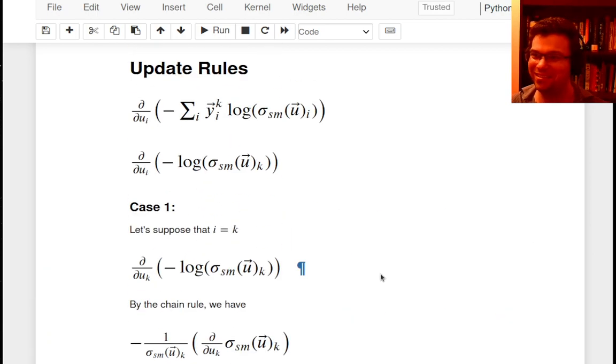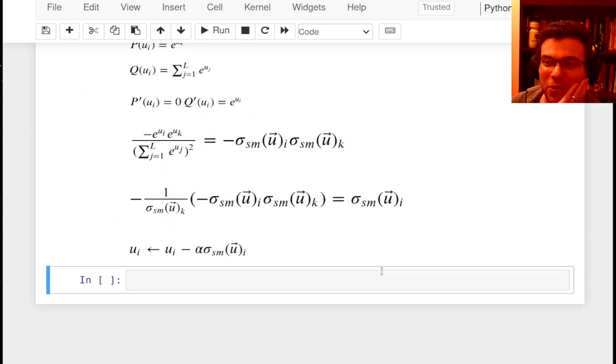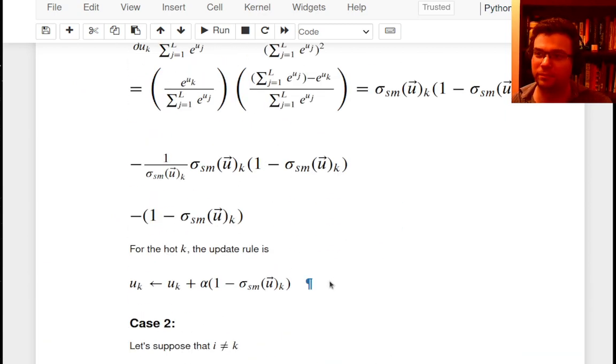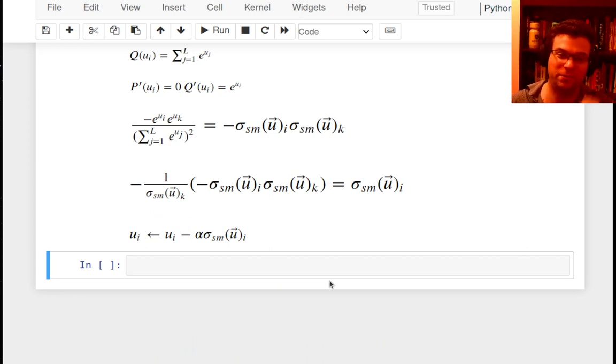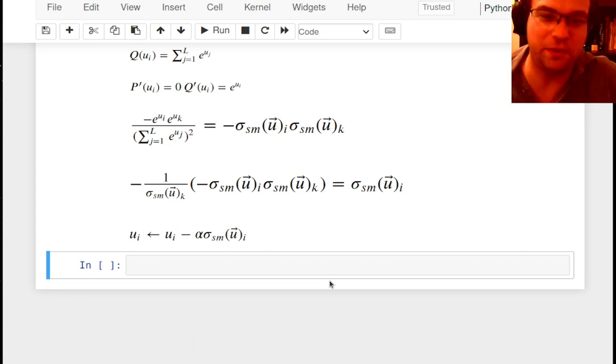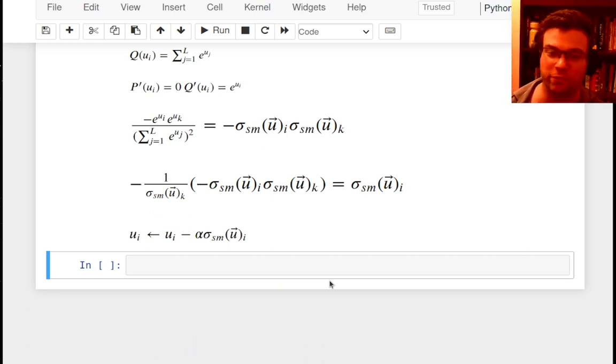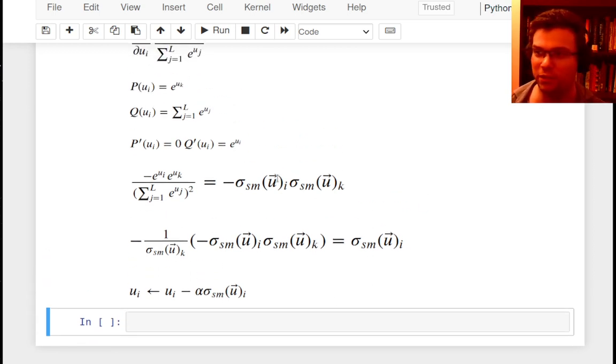And so this crazy stuff here, we see works out quite nicely in practice for our update rules. All right? So that's all there is to it. So a nice exercise in the chain rule and the quotient rule together, working quite nicely with these transcendental functions, e to the whatever. Okay, good.